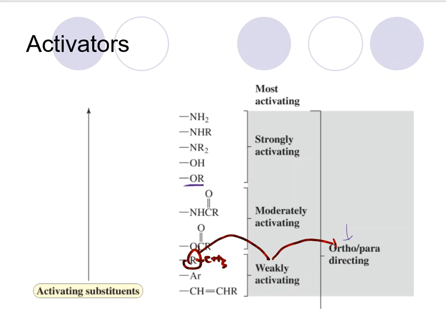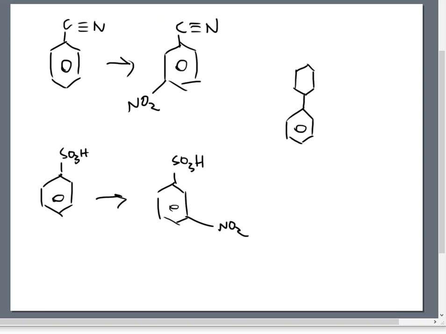I'm going to get 2 sites of attachment here. Now, do not get that confused with this. That AR is aryl, which means there is a benzene attached to a benzene. That is an aromatic group. That is what AR stands for. It's aromatic there. So cyclohexyl is the R, and that means this is an ortho and a para director.